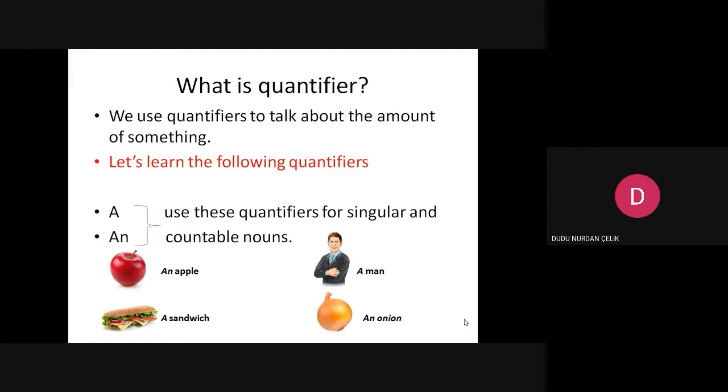These are amounts of things. And A and AN are used for singular and countable nouns.